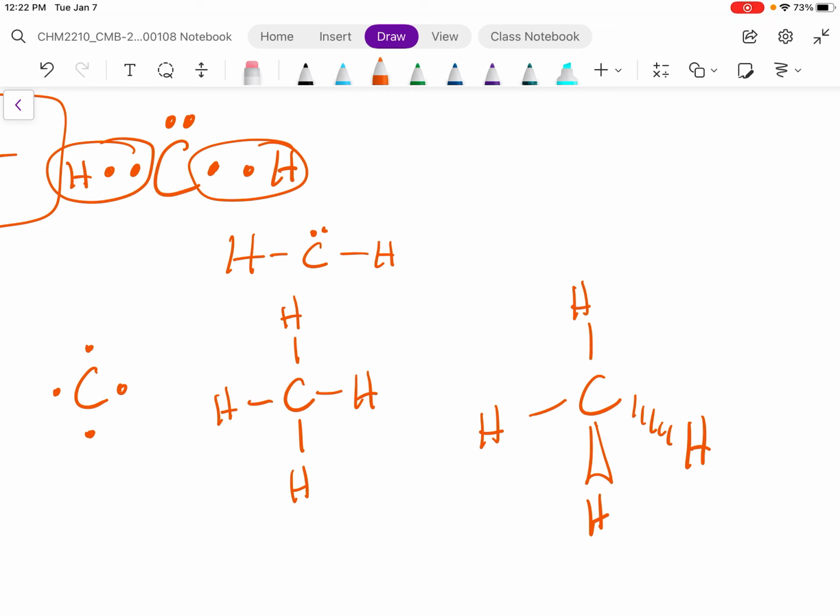I apologize, this is too tiny, but what we have here is this hydrogen and this hydrogen, they're in the same plane. And then we have this hydrogen right here. It's sticking out at you. The wedge implies that it's sticking out at you.